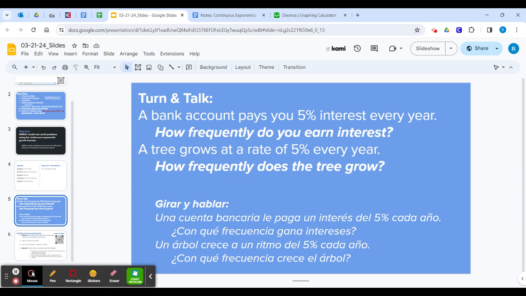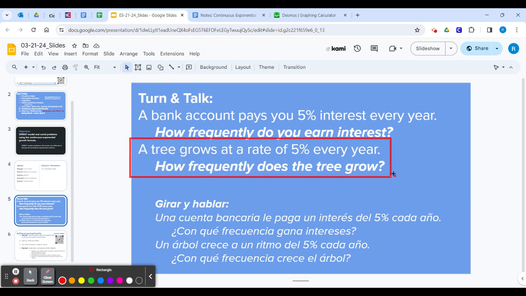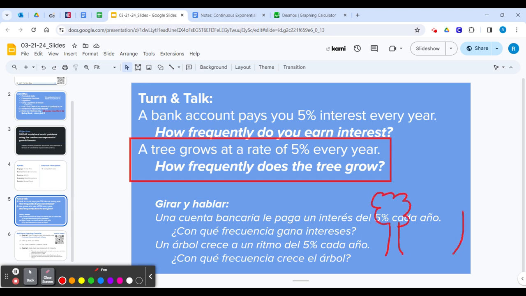Now, if we look at this next scenario, where a tree grows at a rate of 5% per year, how frequently does that tree grow? Well, let's say there's year one here and you have a tree that's this big. Then year two hits and our tree is this big. It's grown 5%. However, in between that time, it's not like the tree wasn't doing anything.